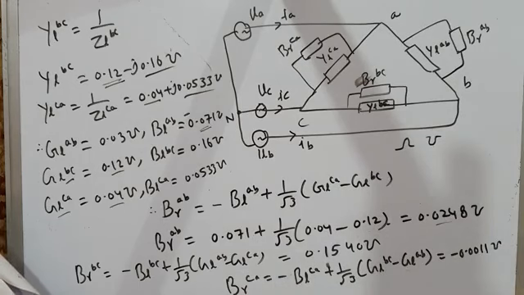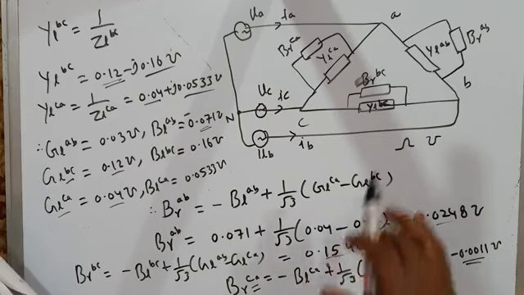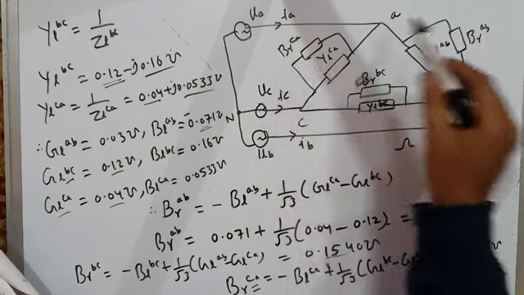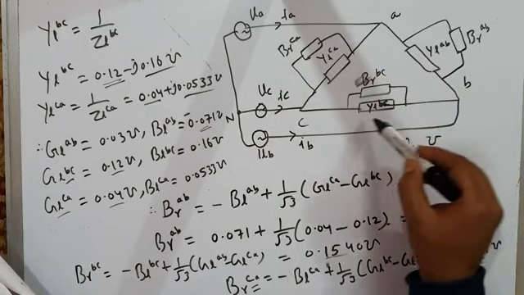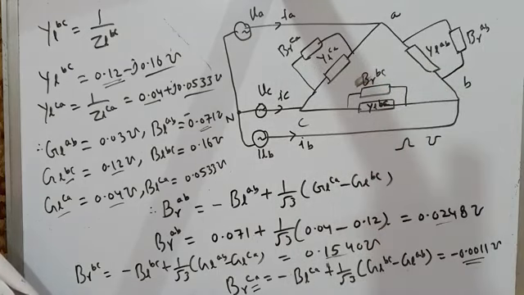Across branch BC you have to connect another capacitance whose admittance is this. And across branch CA you have to connect the inductance whose admittance is this. Once you connect these compensator branches, inductances and capacitances across various load branches, you will get unity power factor and load balancing.